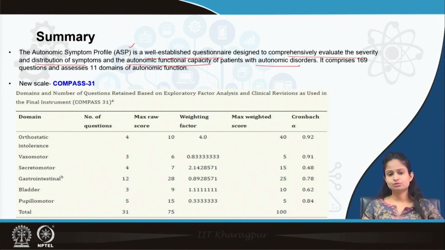But it used to take much time, because it usually comprises 169 questions.